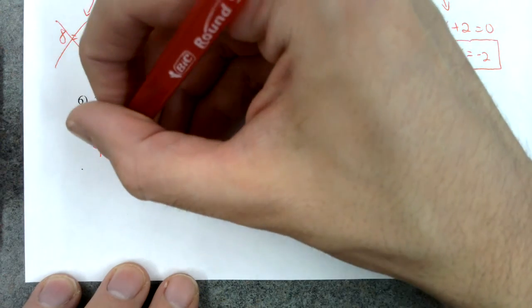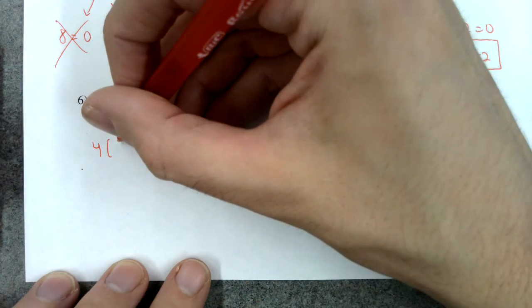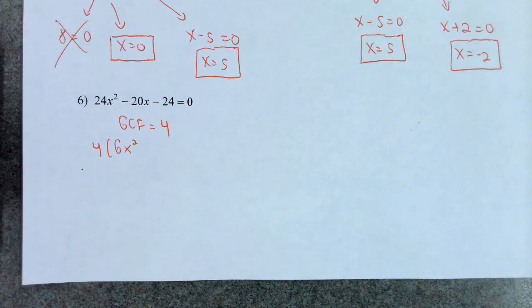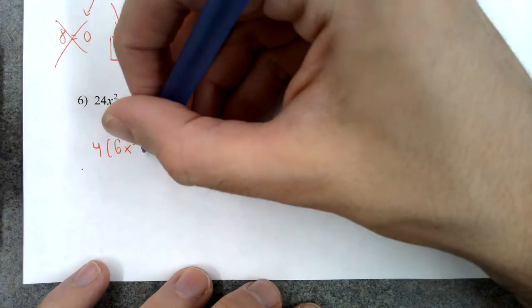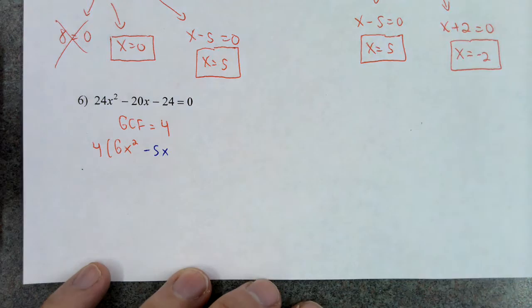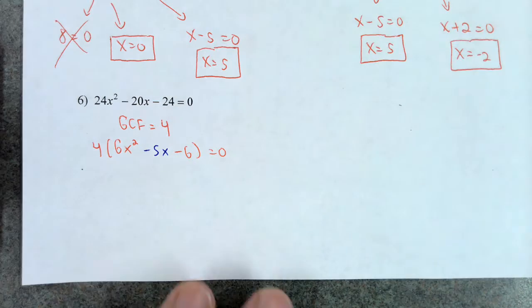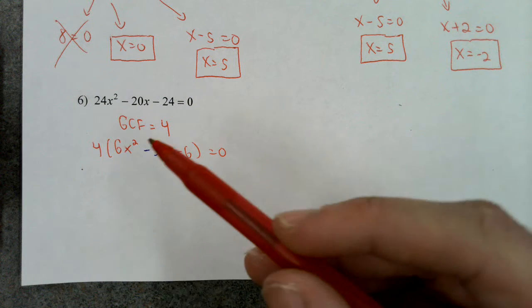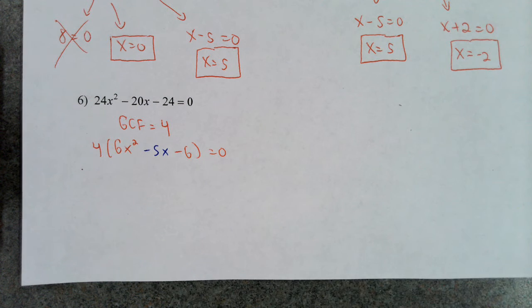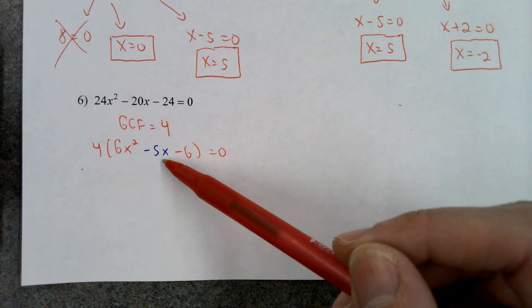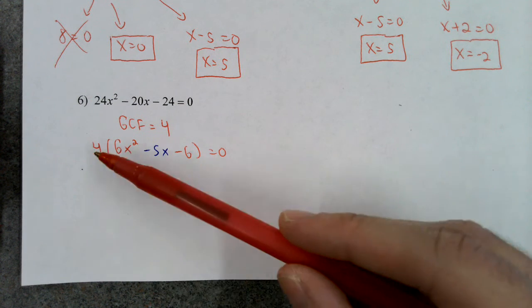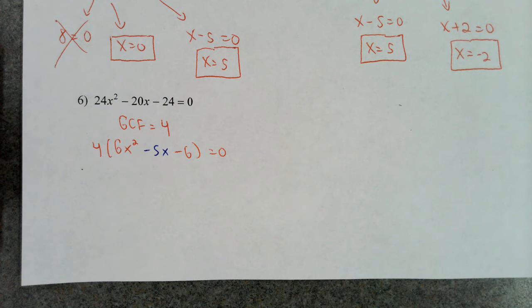It's going to give me 6x squared minus 5x minus 6. Okay. 4 times 6x squared gives you 24x squared. 4 times negative 5x gives you negative 20x. And 4 times negative 6 gives you negative 24.